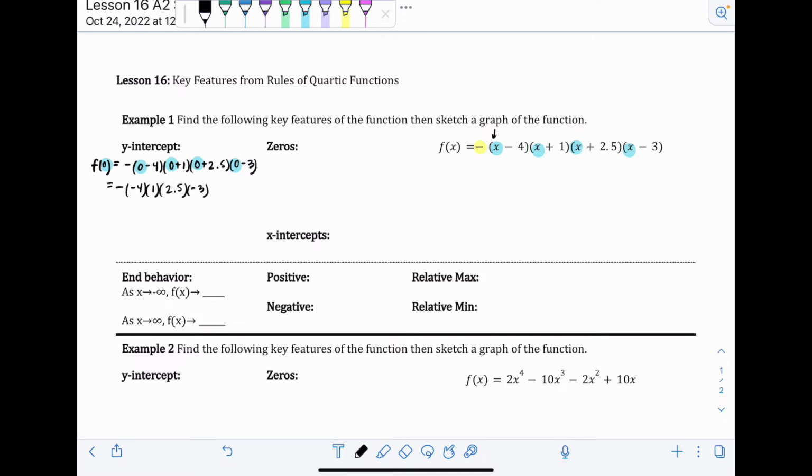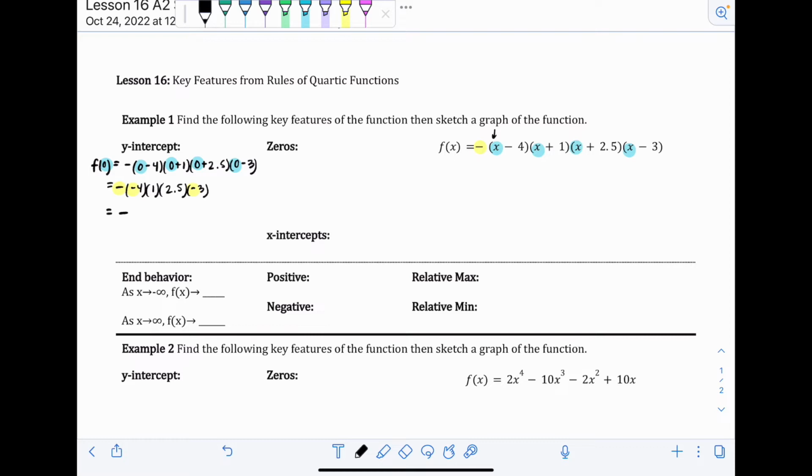I don't really like messing with negatives a lot of times with the calculator, especially if you're using a phone calculator. I feel like it's pretty easy to get messed up. So I just like to count the negatives. So we have 1, 2, 3 negatives. If you have an odd amount of negatives, your product will be negative. If you had an even amount, then your product would be positive. And now we don't have to worry about multiplying in the negatives. We'll just do 4 times 1 is 4 times 2.5 and then times 3.